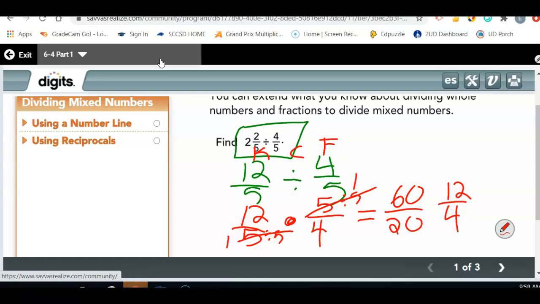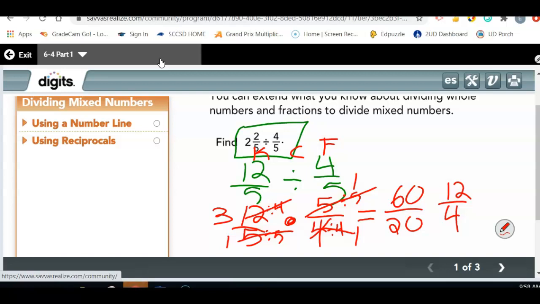Macy. You had your hand. I saw it. I don't know. You can divide a 4 out. Perfect. So you can divide a 4 out of 4 to get 1. Divide 12 divided by 4 to get 3.